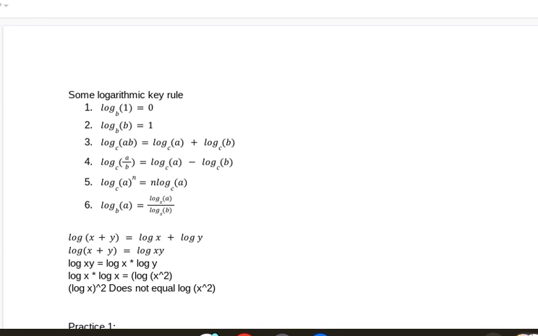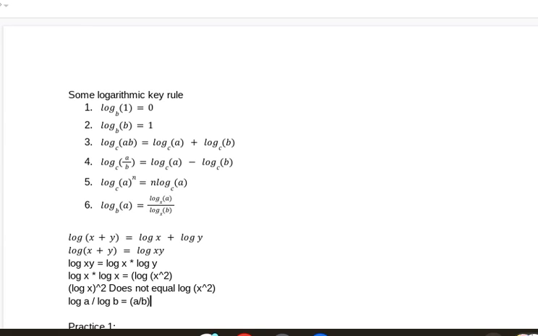The next rule is log a divided by log b is log (a divided by b). Basically, that rule treats log as a constant instead of an operation, so that is definitely wrong.